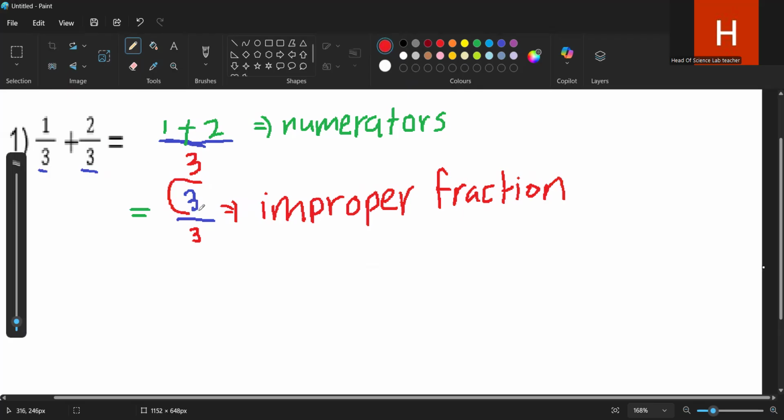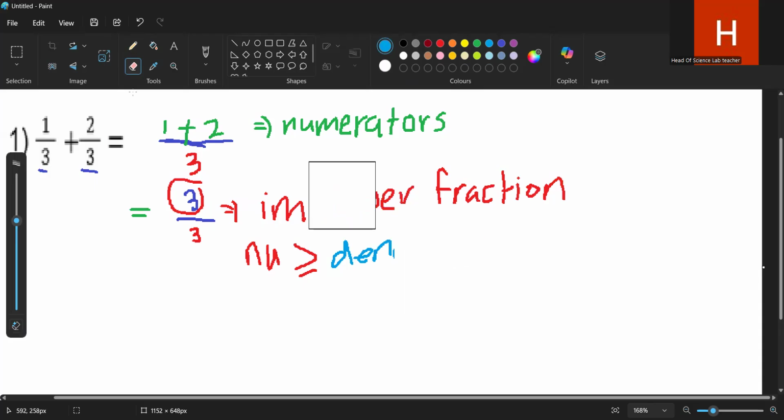This happens whenever the numerator, the number on top, is bigger than or equal to the denominator, the number on the bottom. I'm going to use n for numerator and d for denominator. Whenever the numerator is greater than or equal to the denominator, you have an improper fraction.